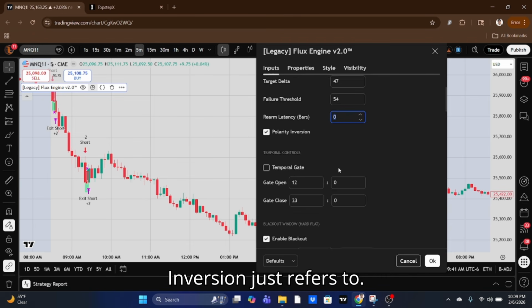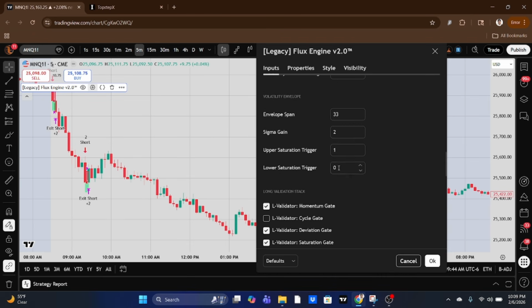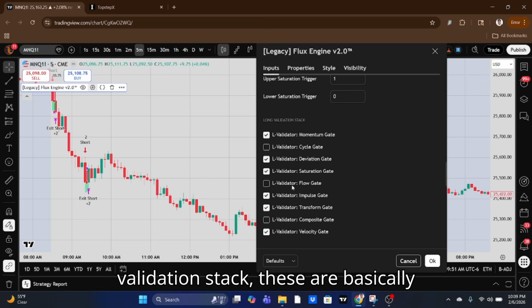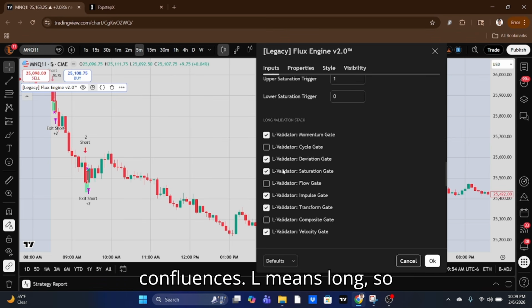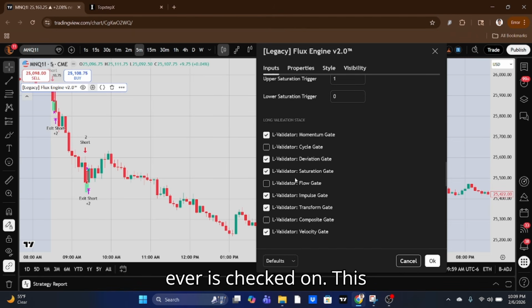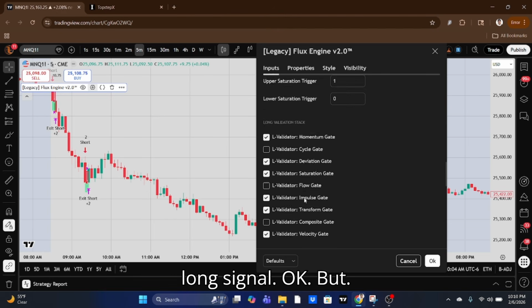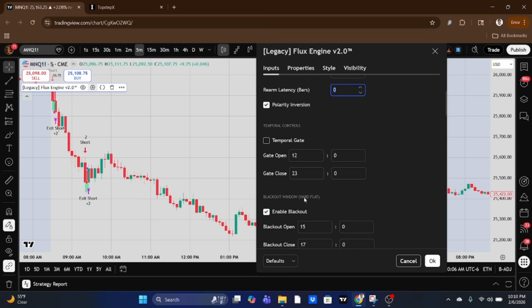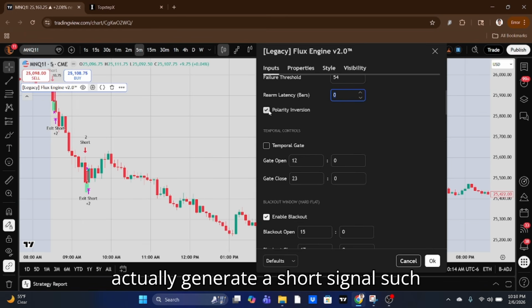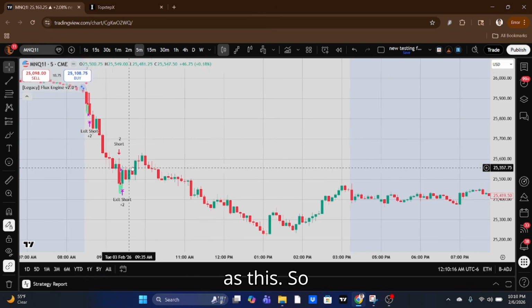Polarity inversion just refers to. So if you go back or scroll down to long validation stack, these are basically confluences. L means long. So these are confluences, meaning whatever is checked on this will actually give you a long signal. Okay? But if this is checked, instead of giving a long signal, it will actually generate a short signal, such as this.